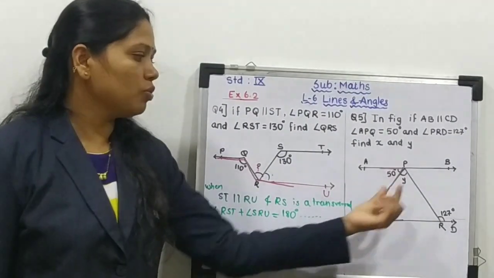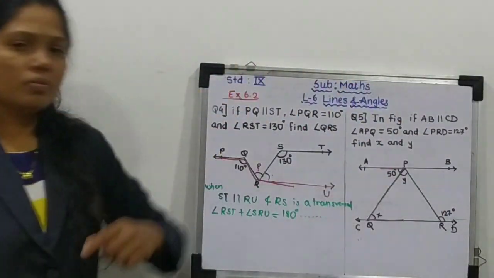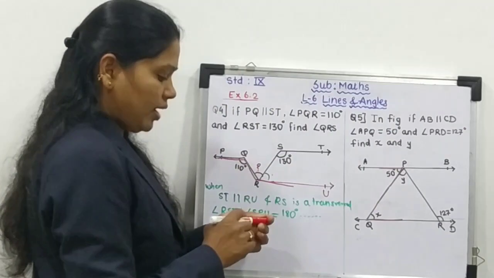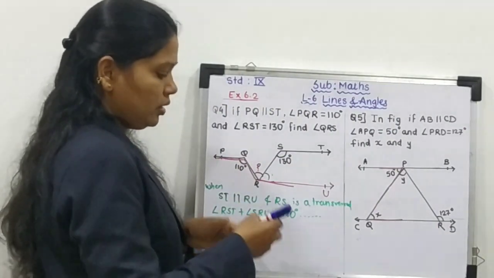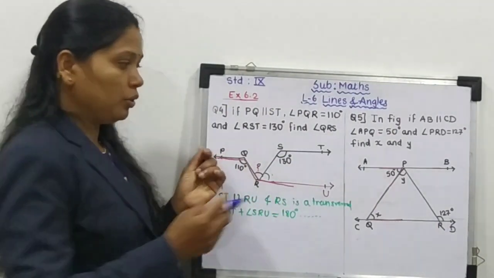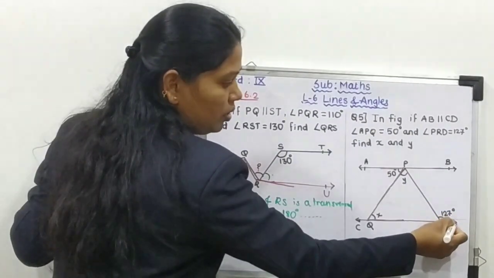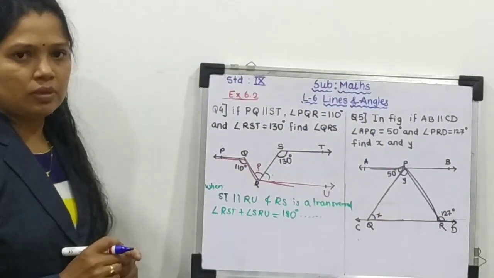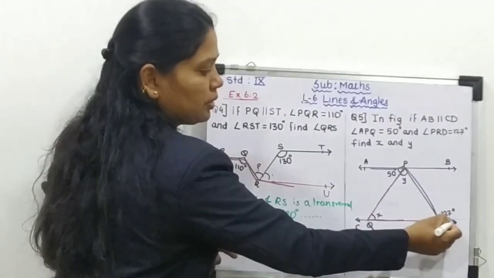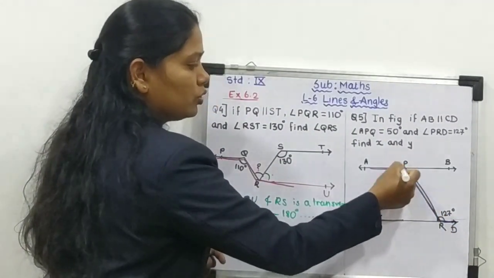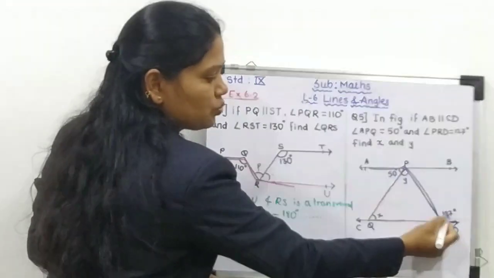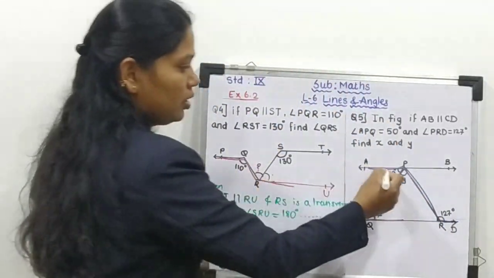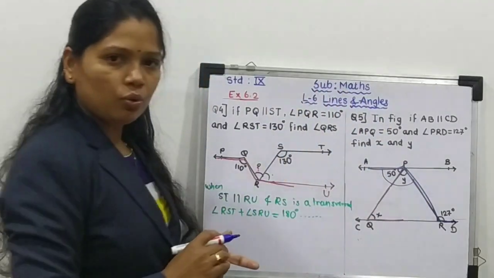Now let us move towards the Y value. We will find out Y. So how will we get Y? For finding Y, we are going to form the Z-shape angle. See how the Z-shape is formed. From here to here, right? This 127 equals this 127. So this whole angle is 127.